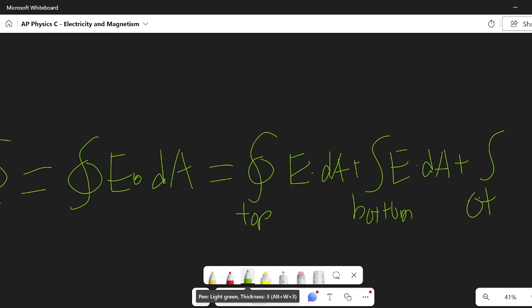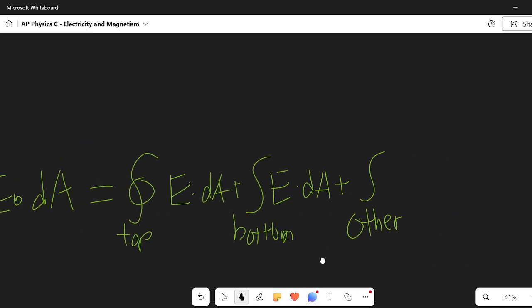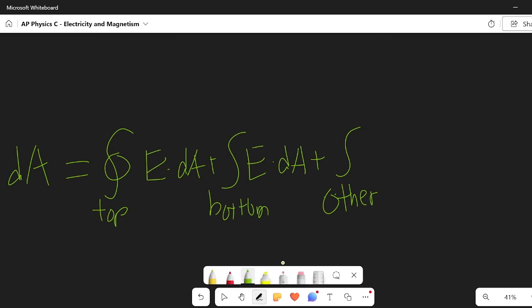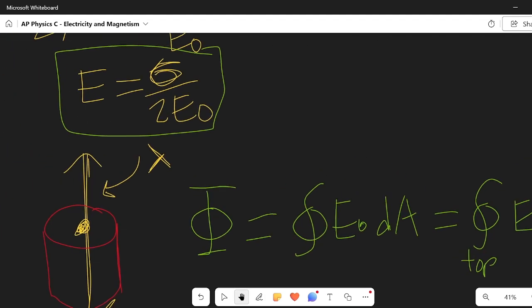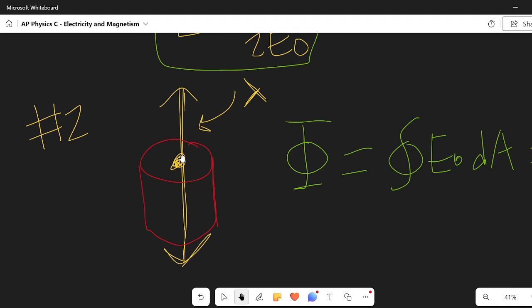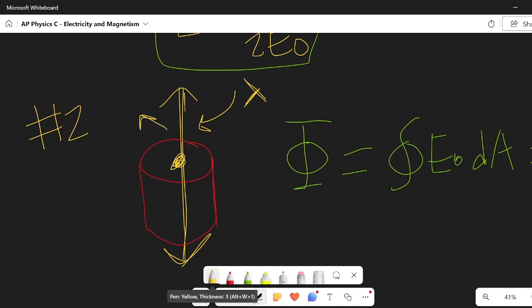Because remember that cylinders have the property where any line intersecting them is perpendicular. So everywhere else, E times dA. Like before, what we'll notice is that with the tops and bottoms, this line will be essentially sending bullets in all directions, bullet here, bullet here, like so.